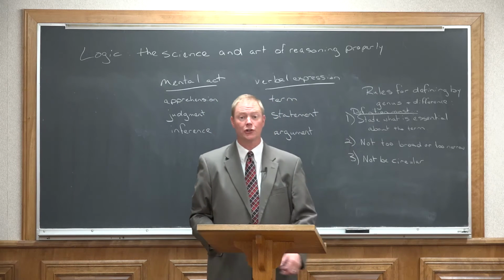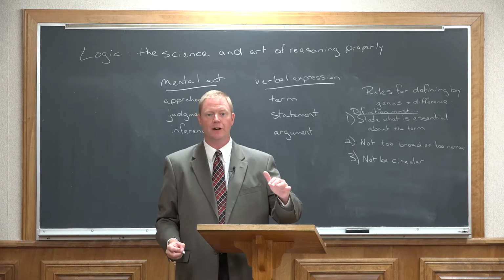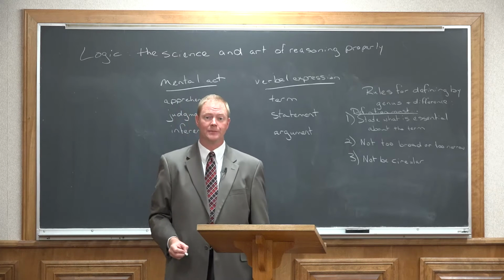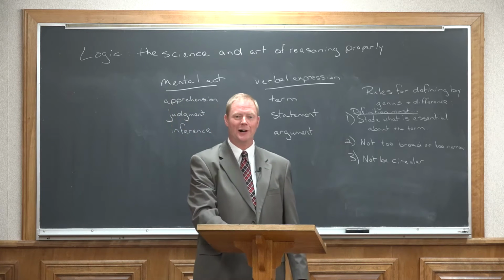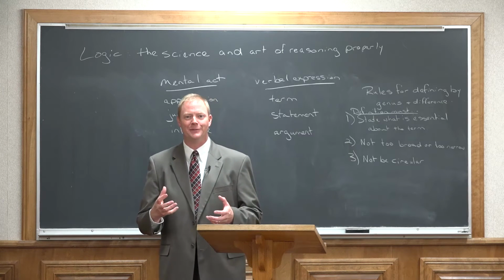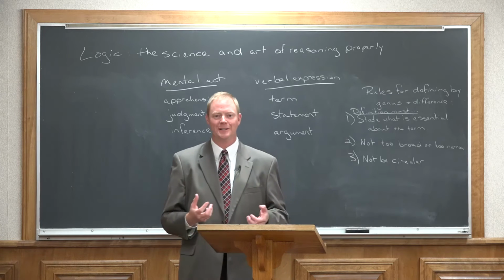Definition must not be circular. As a general rule, the term being defined should not be used in the definition. Sometimes that can be difficult. Round: a shape that is round like a ball. That would be a circular definition. All right.